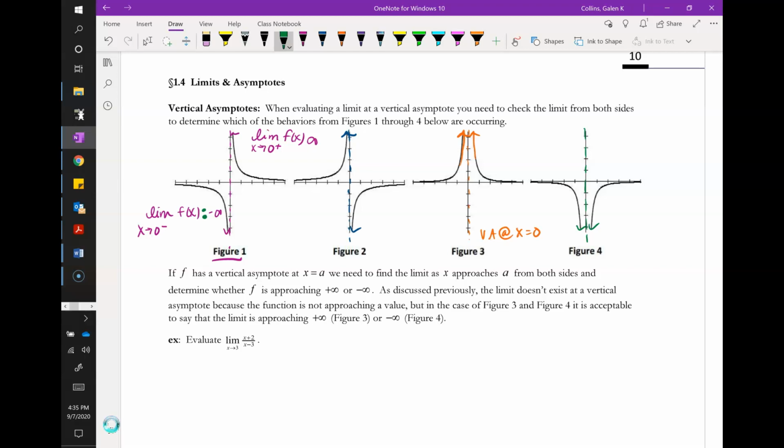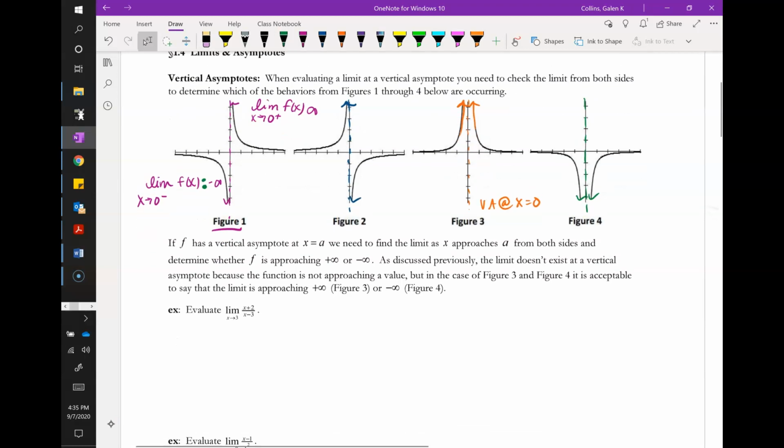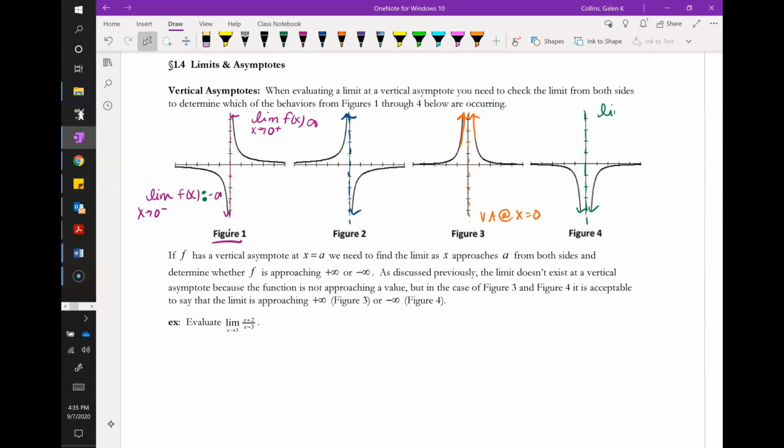However, for figures 3 and 4, sometimes we will see it written specifically that, for figure 4, for example, the limit of the function f as x approaches 0 goes to negative infinity. Sometimes we might see a colon or an arrow.